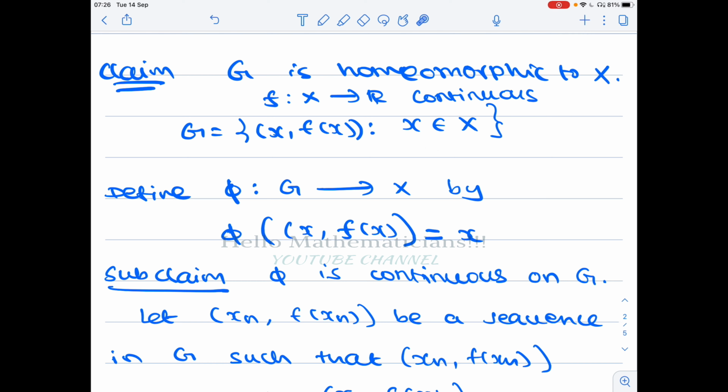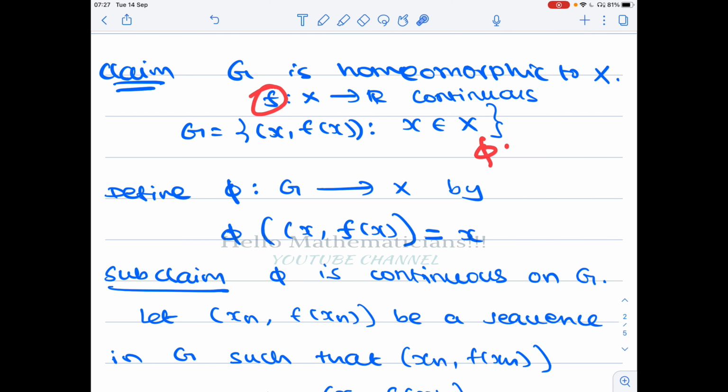We claim that this graph of the function f and the metric space X are homeomorphic. Okay, so to prove G and X are homeomorphic, we need a bijection from G to X such that it is continuous and its inverse is also continuous. So let's see how to do it. We already used f.